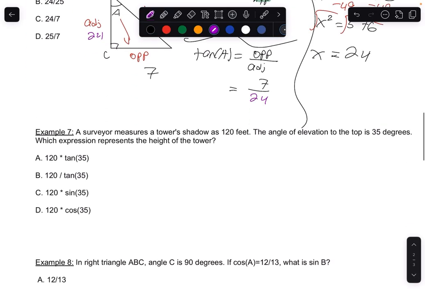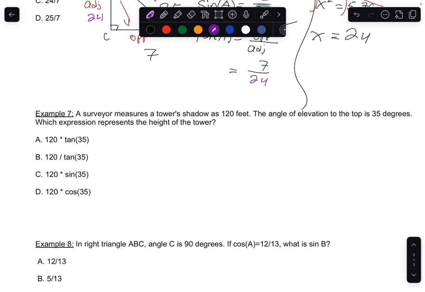I will say for number 7, though, it uses a key word we haven't really discussed called angle of elevation. So let me kind of draw out what this is saying. We have a tower. We don't know how tall the tower is. And it's saying a surveyor is measuring a tower's shadow as 120 feet.